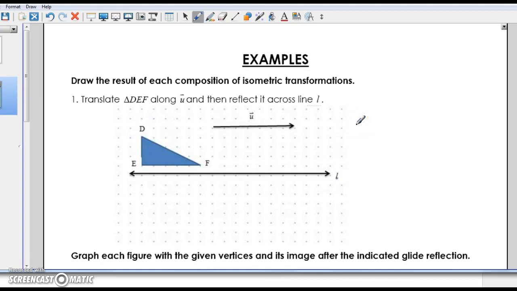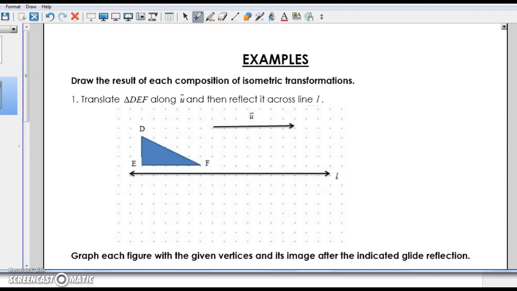Previously, when we did translations, we did it with a ruler, we drew parallel lines, and then we measured the length of the vector. And on those parallel lines, we marked off that same length on every parallel line and then drew our image. So here, our pre-image is triangle DEF. You can use your ruler if you want to, but you don't have to because it's set up here nice for you on dot paper.